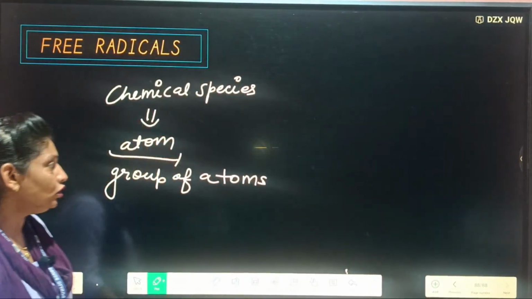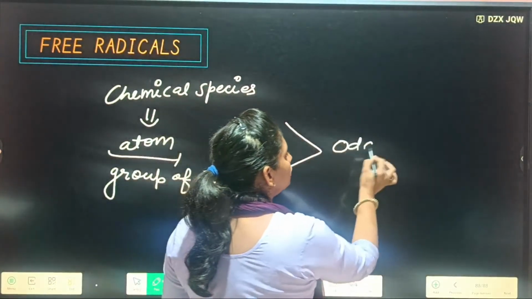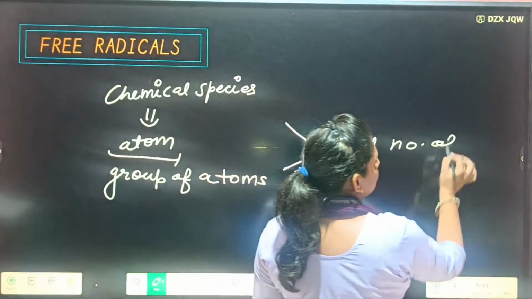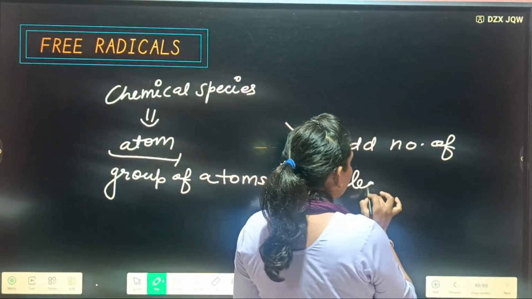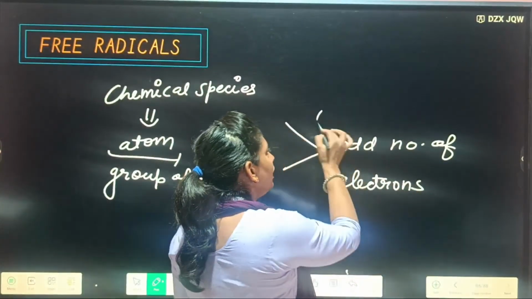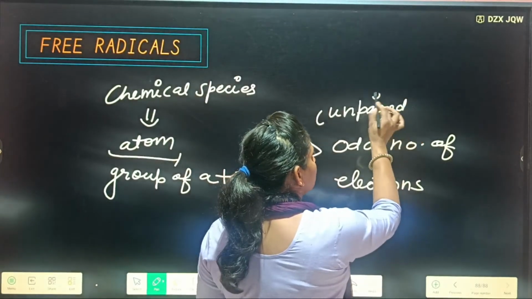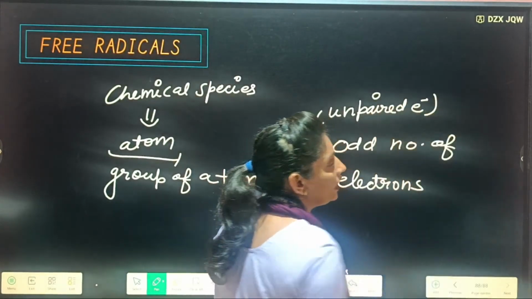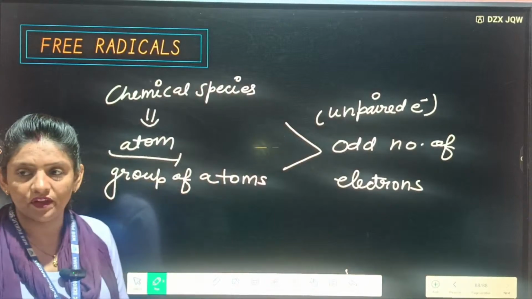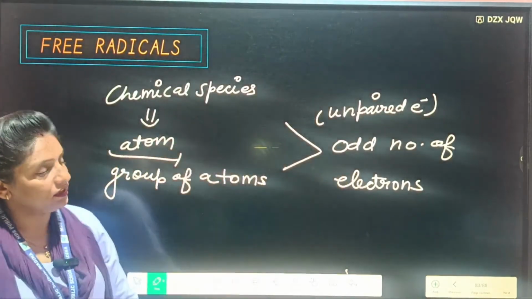If any atom or group of atoms has an odd number of electrons, or we can say has unpaired electrons, odd number meaning unpaired electrons, like 1, 3, in this way, then that is known as a free radical.